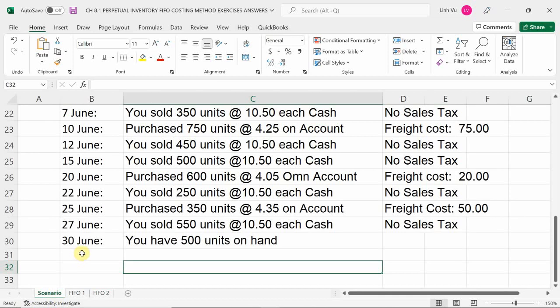June 20th. You end up purchasing 600 units at $405 on an account with a freight of $20. So 600 units at $405 with a freight of $20.